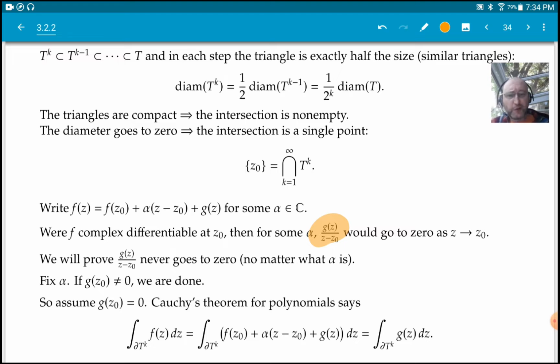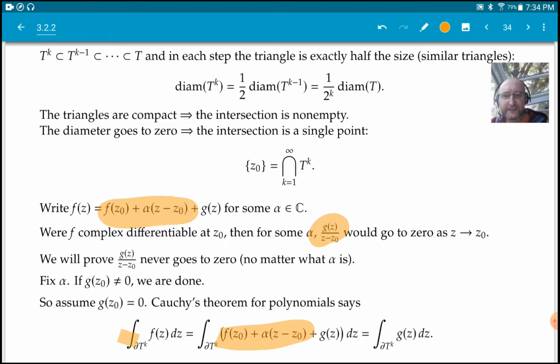Now, Cauchy's theorem for polynomials says that since this is just a polynomial in z, where Z0 is some fixed number, and you don't need all of Cauchy's theorem for polynomials, you could compute this very directly, basically the integral around any triangle of this is 0.